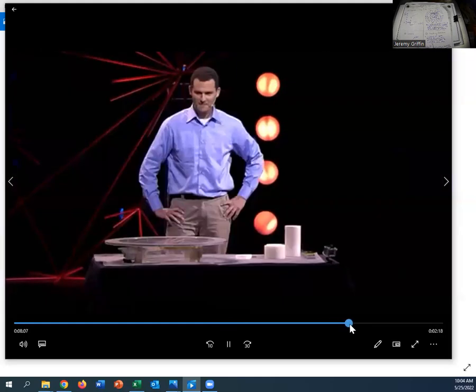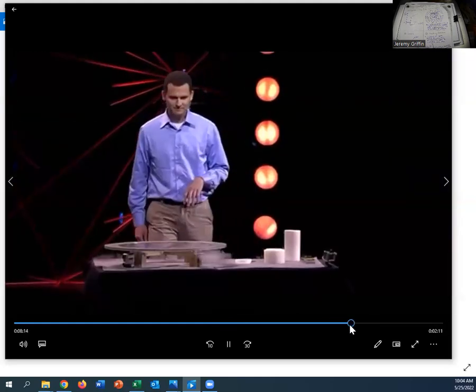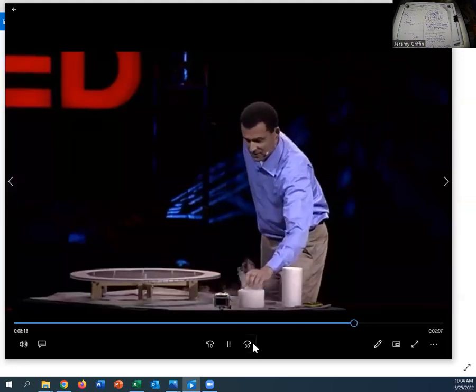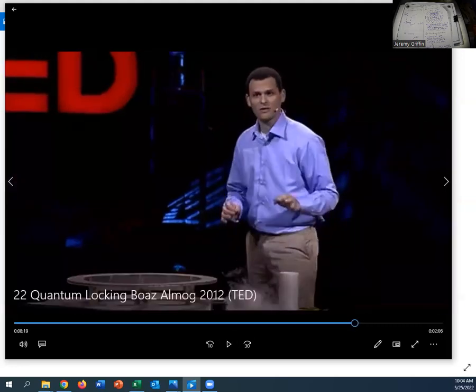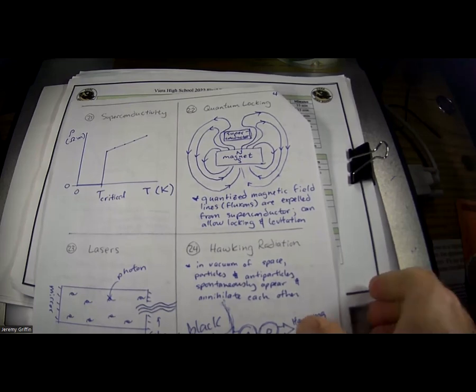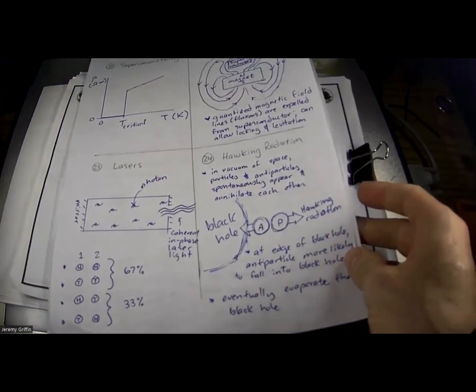Look at it go. And then finally, upside down. Oh yeah. It's quantum locked. Quantum locking. So that one's fun.